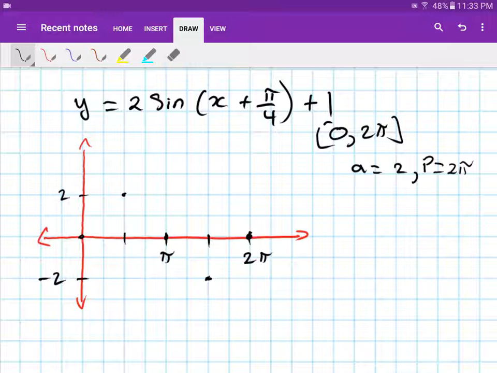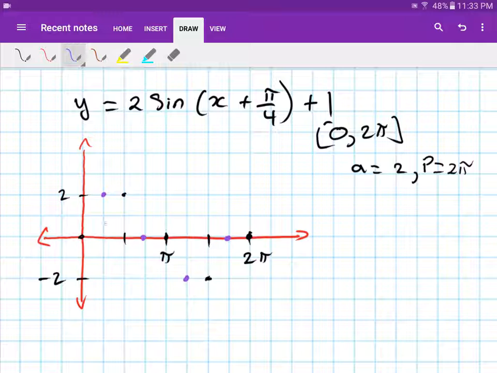But because we move pi over 4 to the left, this dot is moved left to this side, this is moved here, this is moved here, and this is moved here. And the 0 we move to the left. So you got this.